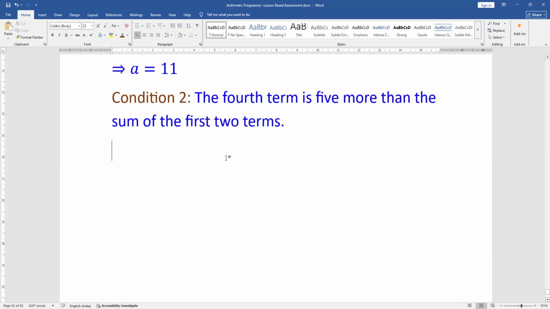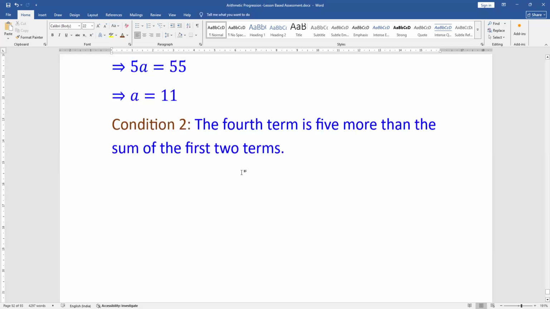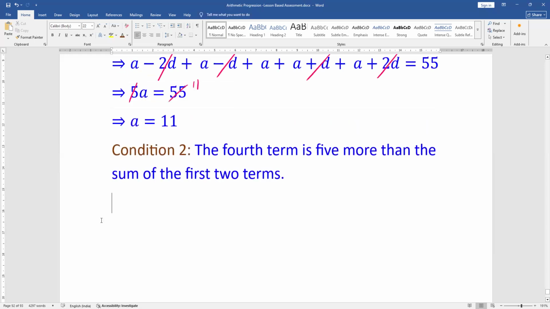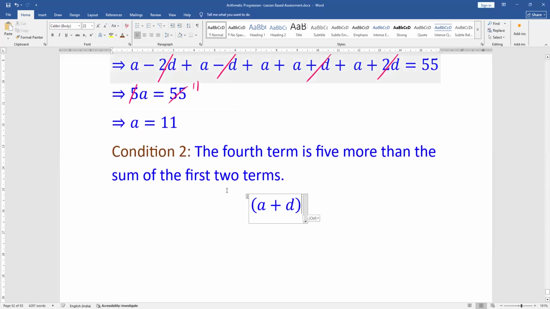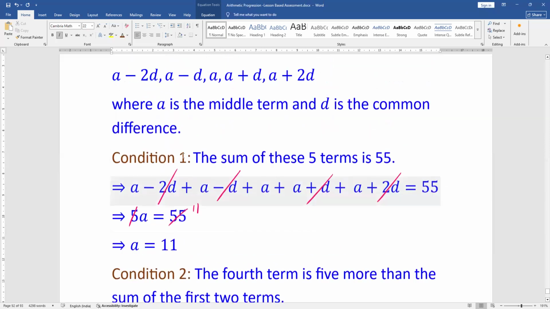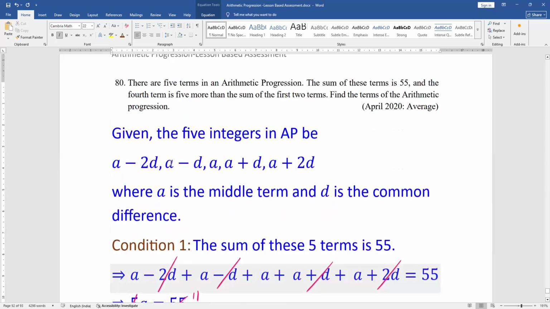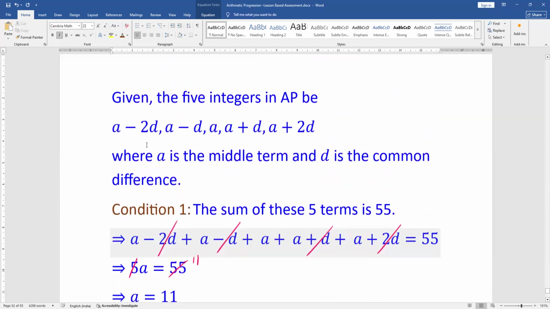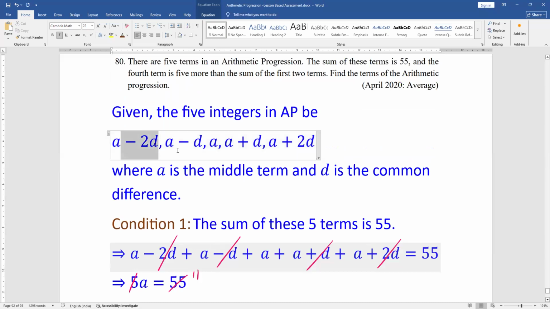The fourth term is nothing but A plus D, correct? A plus D equals 5 plus the sum of the first two terms. What does the sum of the first two terms mean? So A1, let me write it here.